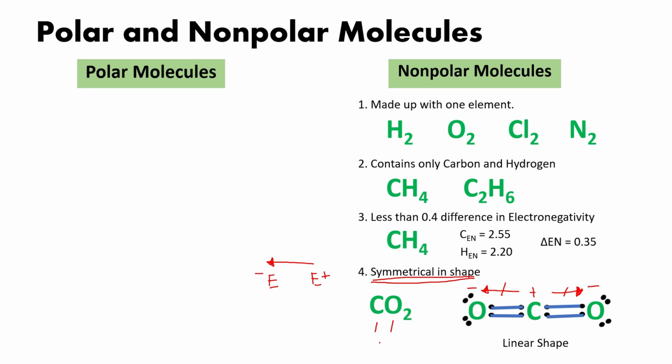But what are the few exceptions? These are the few of them: the symmetrical in shape and the less than 0.4 difference in electronegativity.